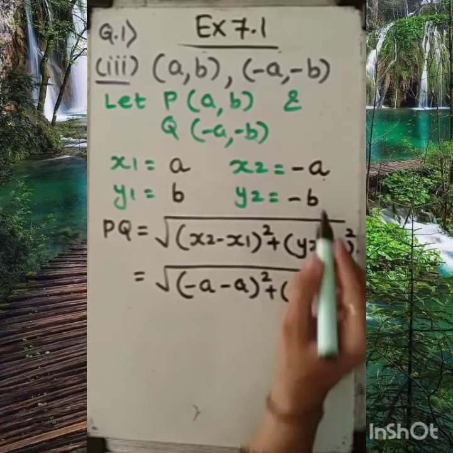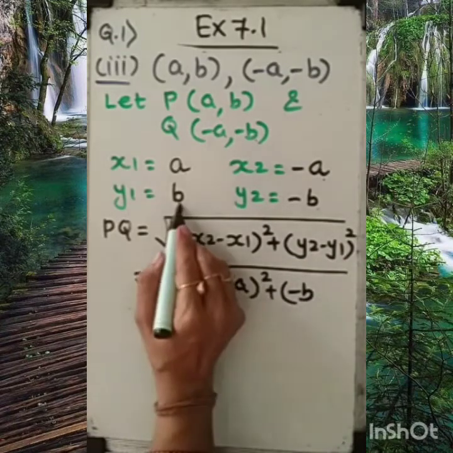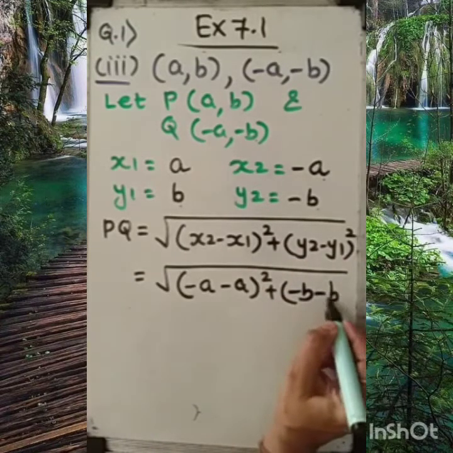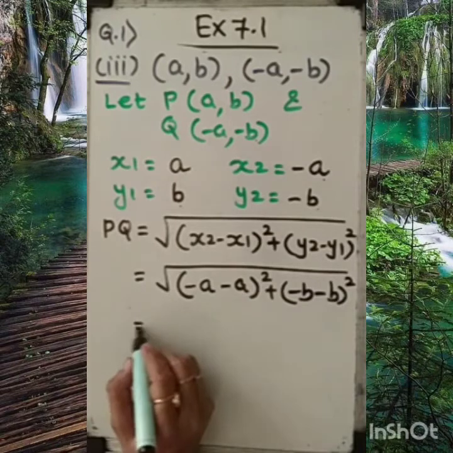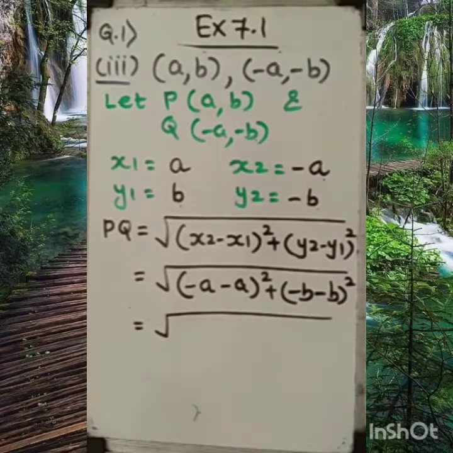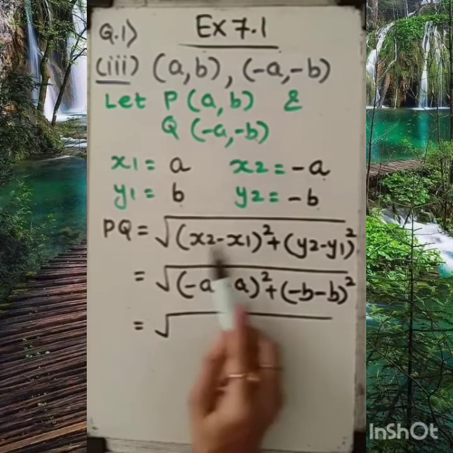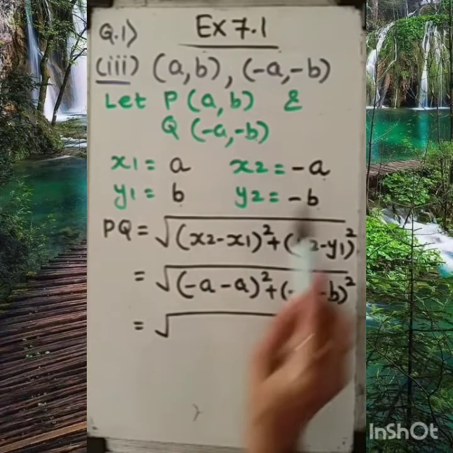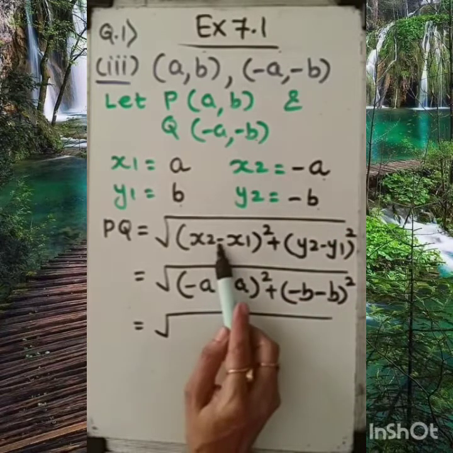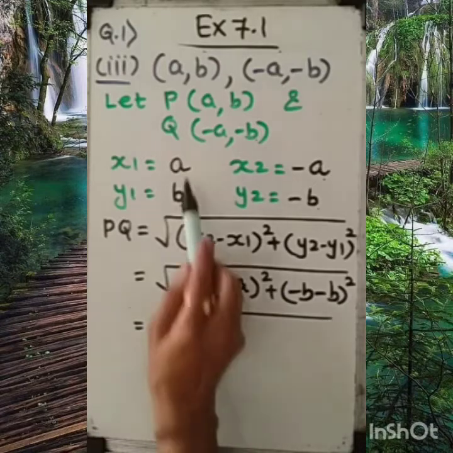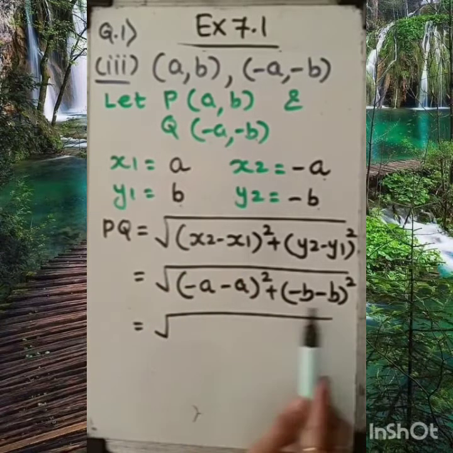This is (−b − b) whole square. Be careful about the sign. Nothing I have done except, in place of x2 I have written −a. Minus was already there and then this a. Same way here, −b and this b.